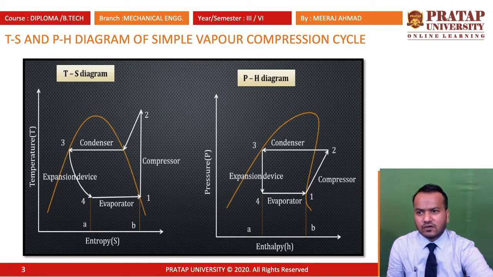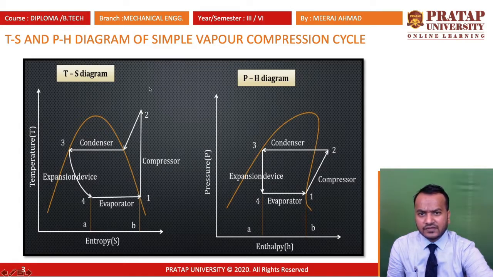So now let us see how the TS diagram behaves for the simple vapor compression system. First we look into the TS diagram. In the TS diagram, first we take point 1.